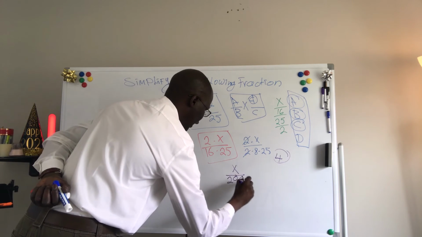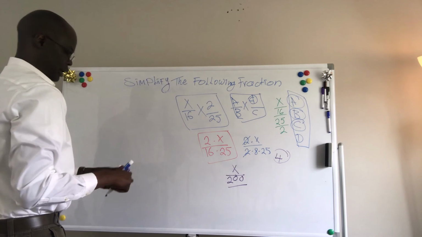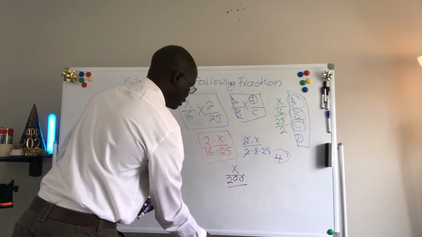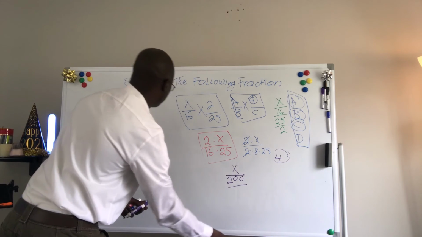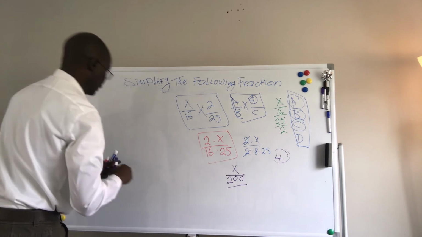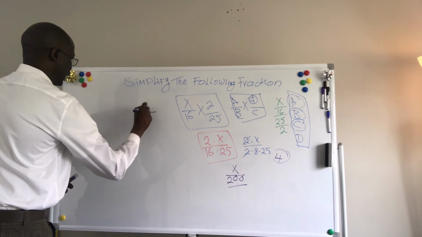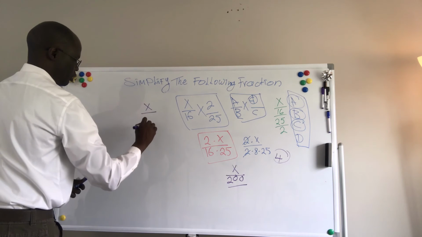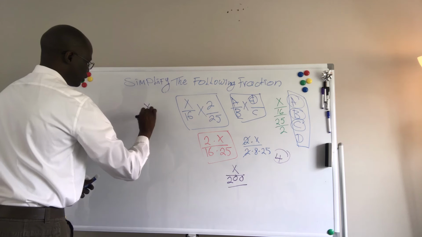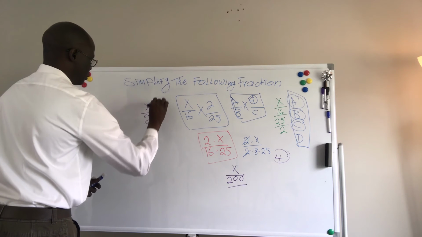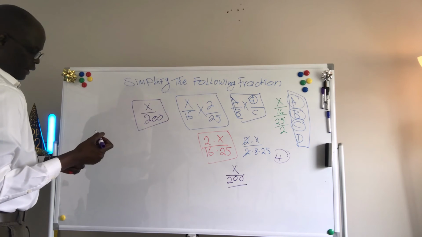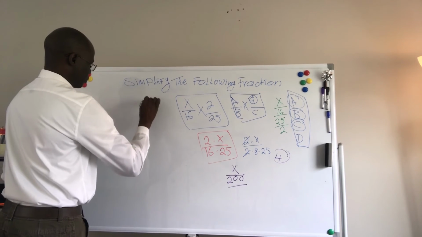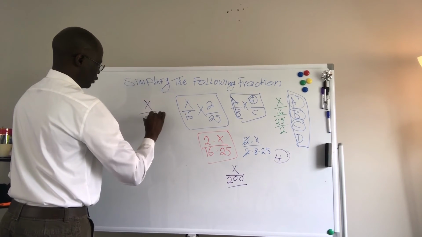So it's 200. The answer is x divided by 200.